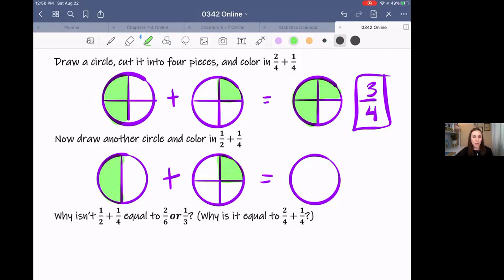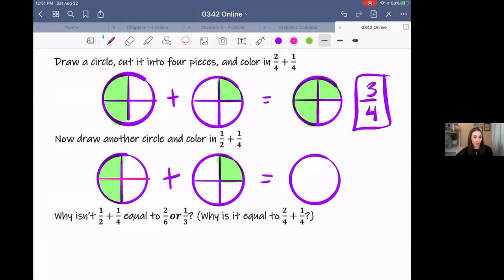Now we have different denominators. So how am I going to draw that last circle? If you look at the pictures above it, they actually represent the same thing. So I could go in here and add this, let me make that better, extra piece or extra pieces.